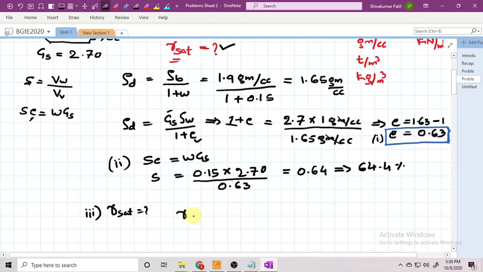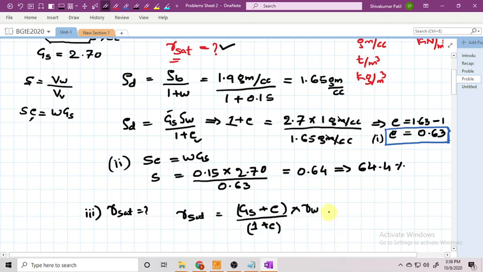I know the formula, gamma sat equals GS plus E divided by 1 plus E into gamma W.